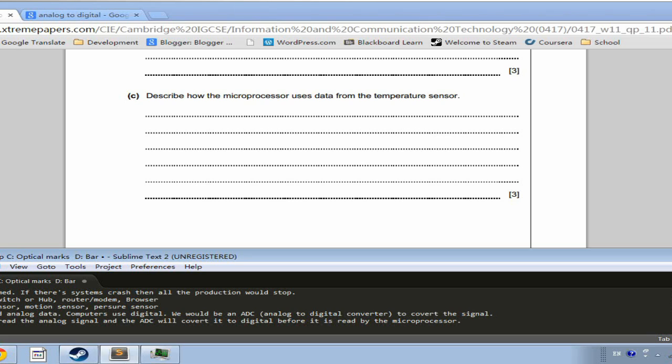The sensors will read in the analog signals, and the ADC will convert them to digital before they are read by the microprocessor.